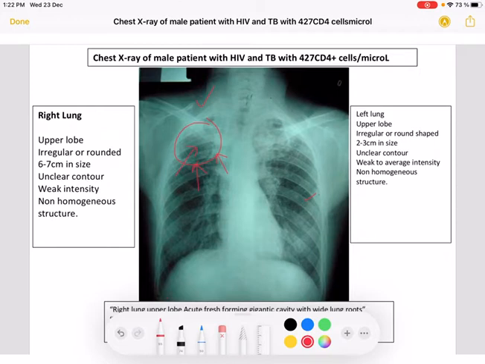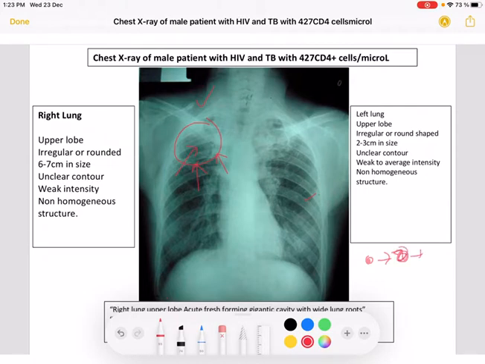We need to know that in such conditions, when the person is suffering from TB, there is the formation of small foci. These turn into infiltrative foci, an infiltrative shadow.